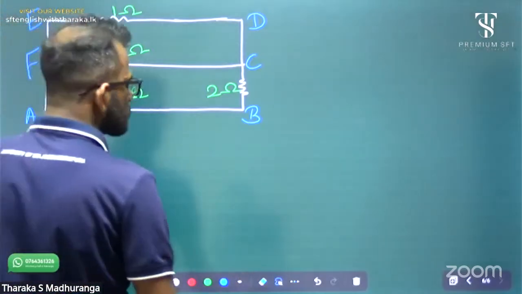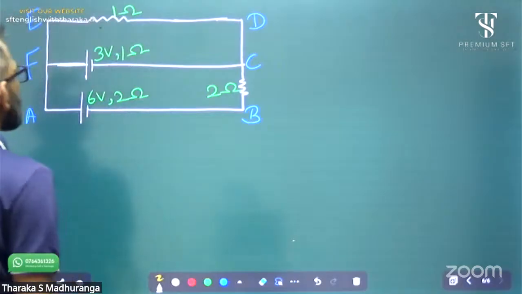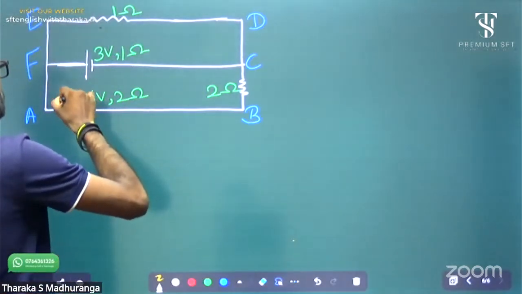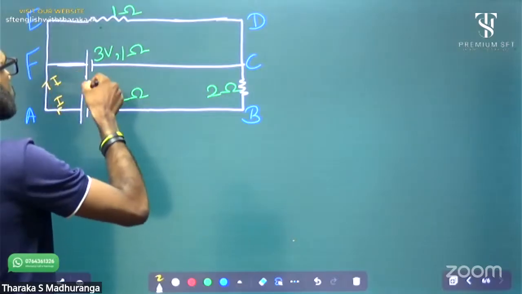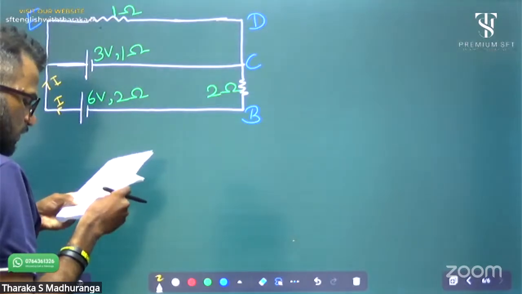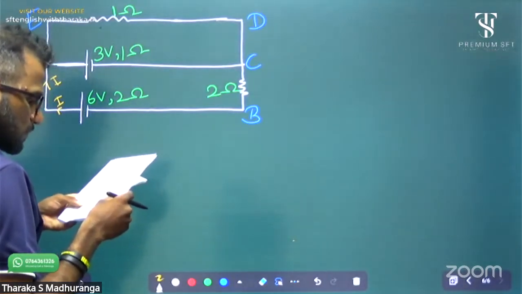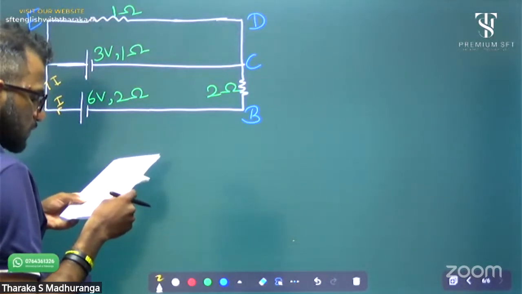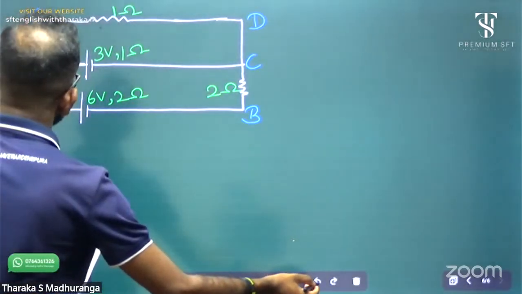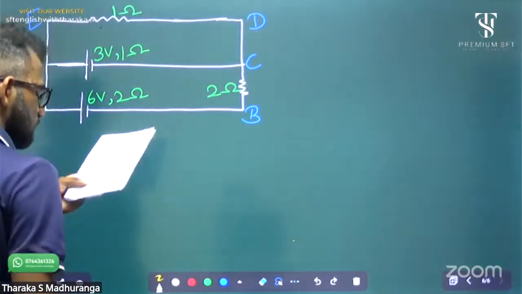Okay, what's my next step? Mark the current direction. Let's mark the current direction according to the given pattern of the circuit.